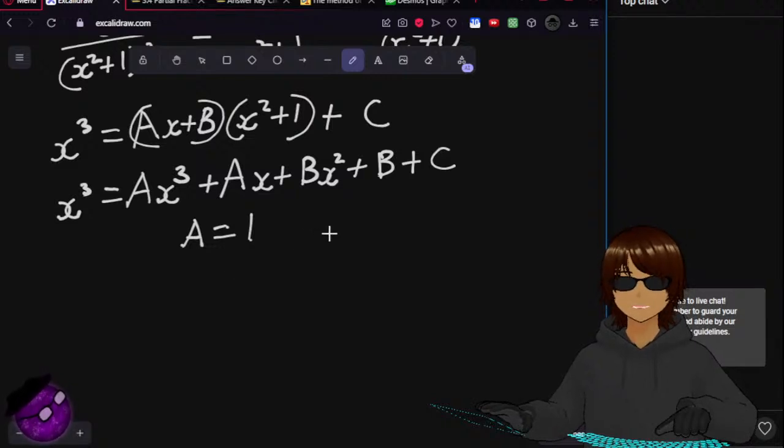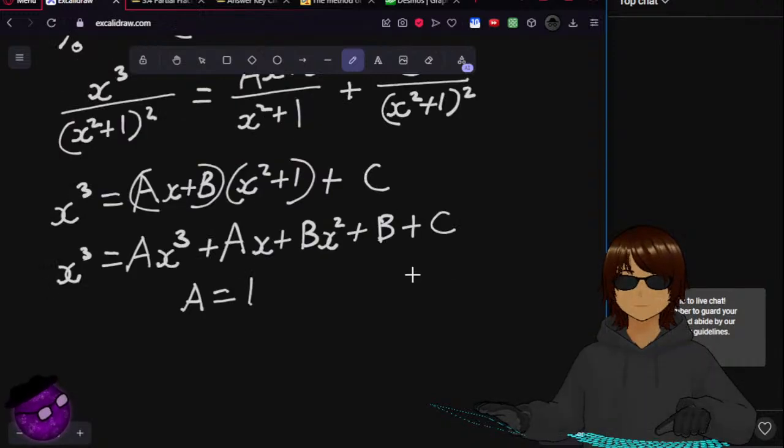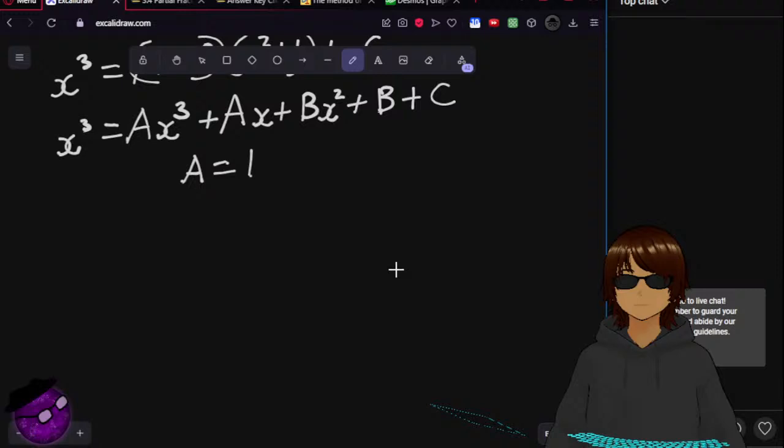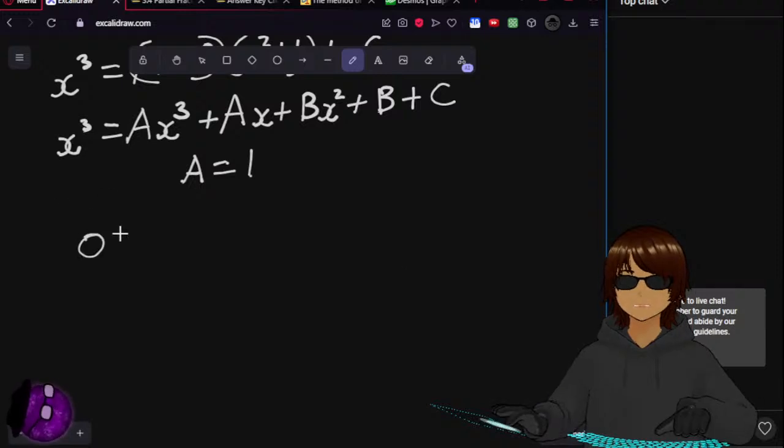Now let me think. So that means 0 is equal to ax.